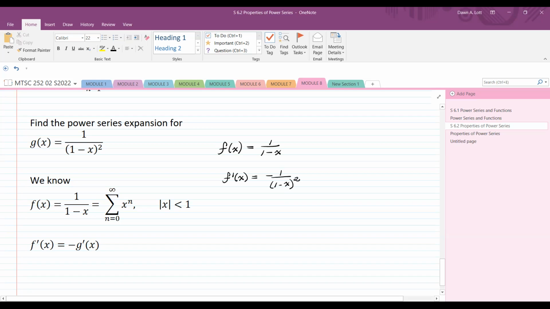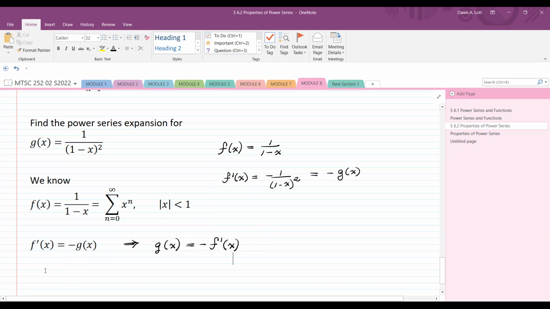So that is just minus G of x. Therefore G of x is simply negative f prime of x. Does everybody see that? Since G of x is literally the derivative of f without the negative.